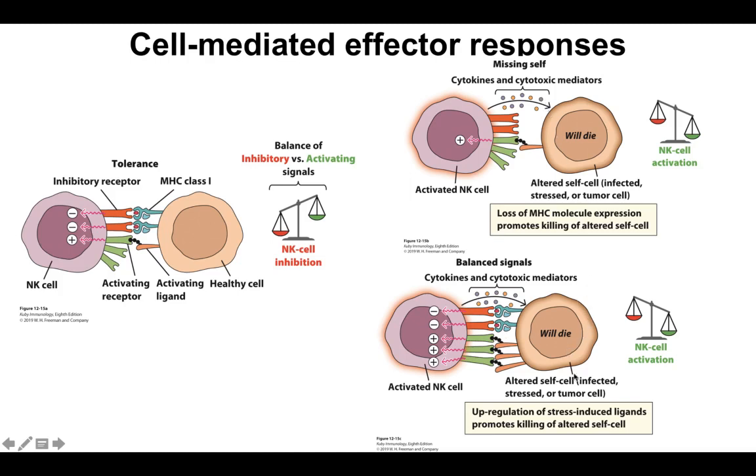You can also get the killing of a cell even though MHC class 1 is there if there's an increase in the amount of activating signals. They can increase on cells that are under stress, and it can overall provide this natural killer cell an activating signal to ultimately kill this host cell.